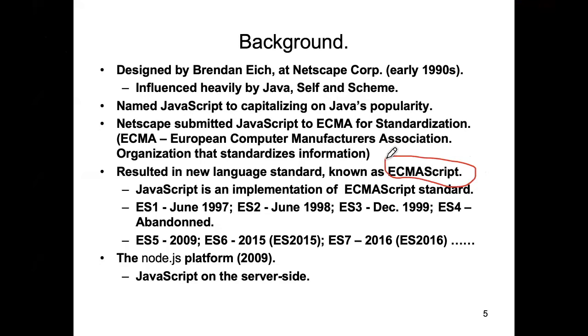And JavaScript actually predates ECMAScript. The first ECMAScript specification, you can see down here, was in 1997, whereas the JavaScript language dates back to 1990-91. So there's a history as to where ECMAScript came from, which I'm not going to go into, but just be aware that ECMAScript is the specification for the JavaScript language.